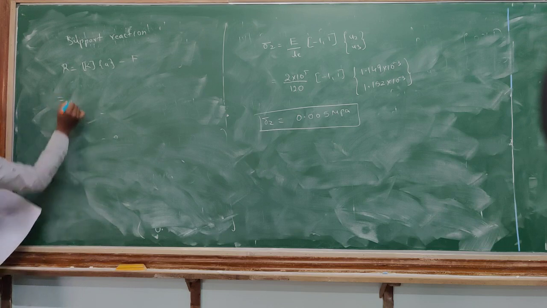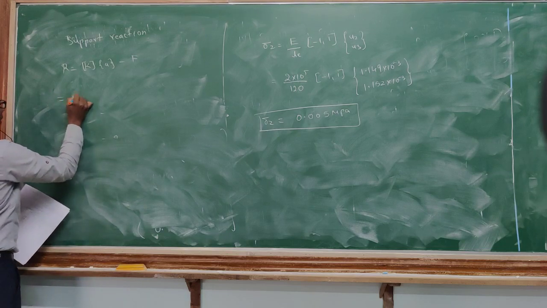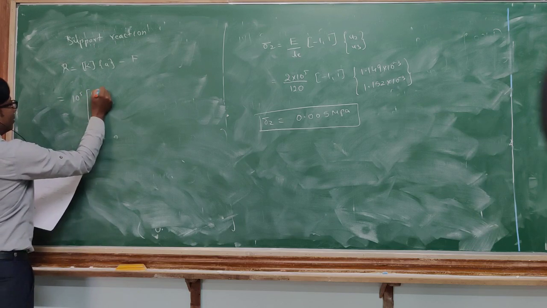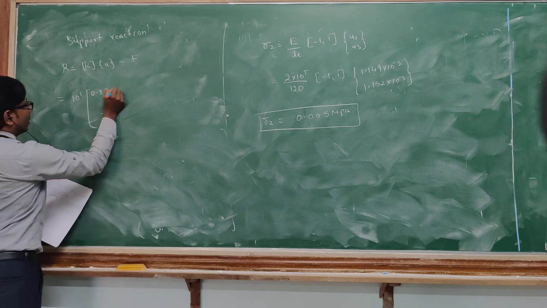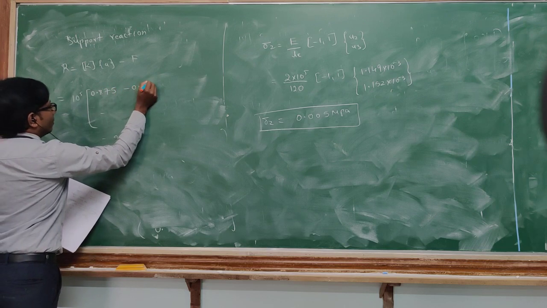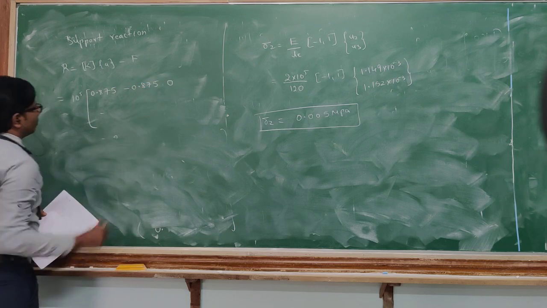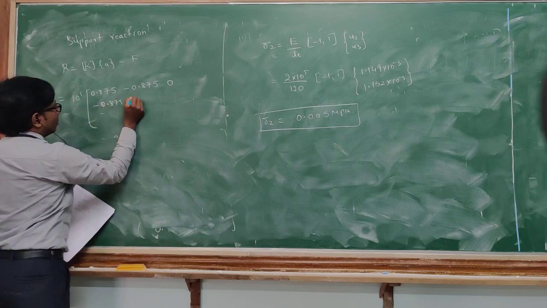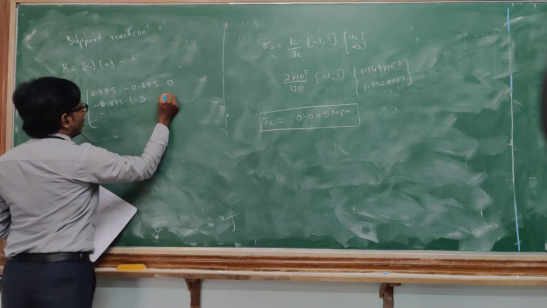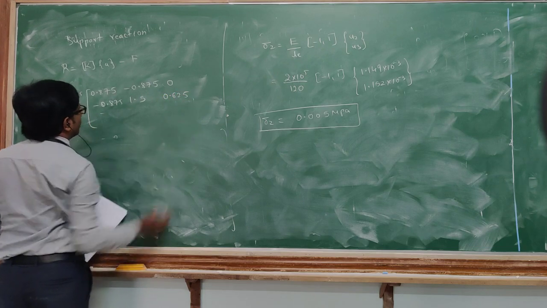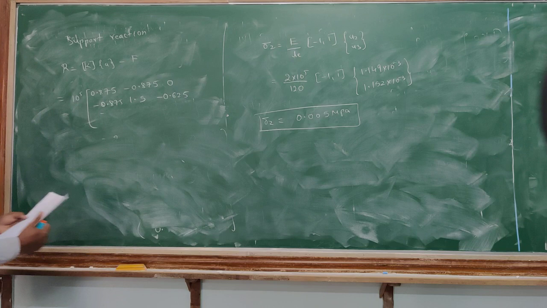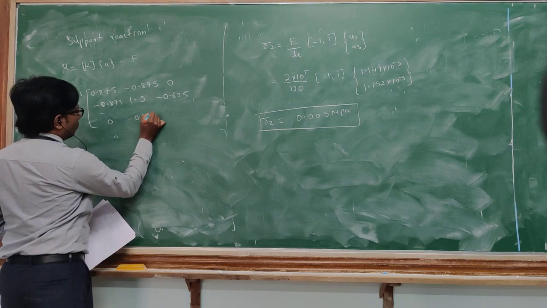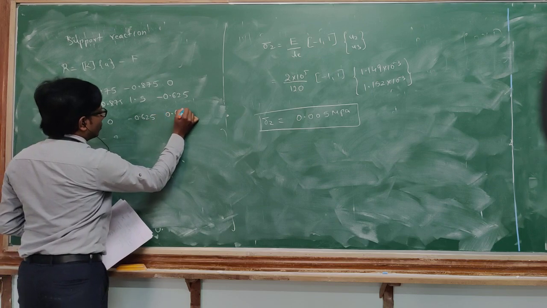So K is 10 raised to 5 times the matrix: 0.875, minus 0.875, 0; minus 0.875, 1.5, minus 0.625; 0, minus 0.625, 0.625.